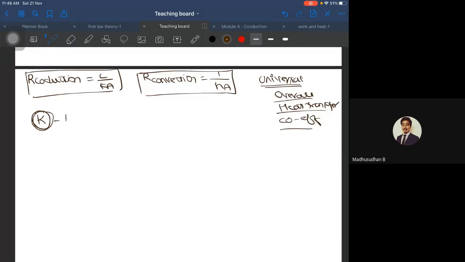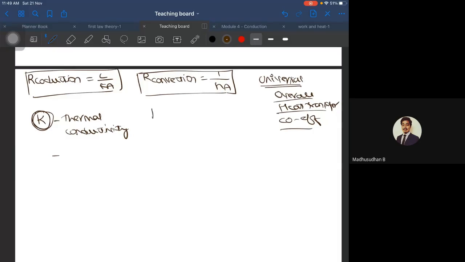K is nothing but thermal conductivity, which defines the ability of the material to conduct. Keep these sentences. Understand the depth of the sentence, it is very important. What does K define? K defines the ability of the material to conduct.